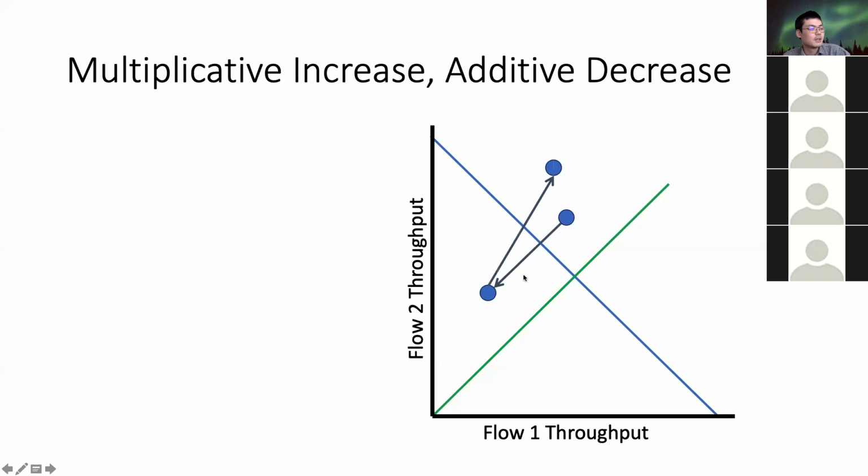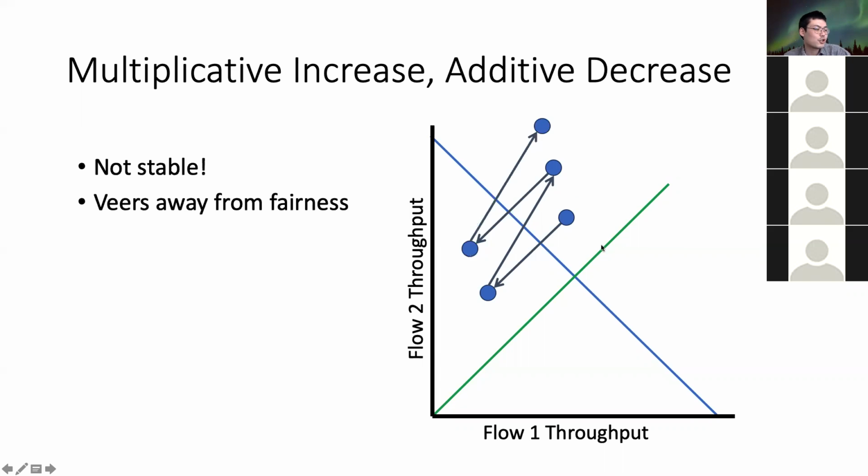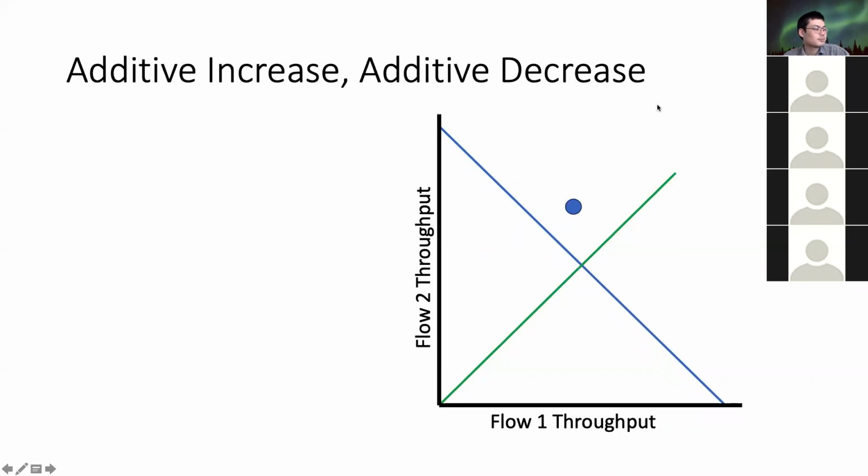It's like 3 times, like along each axis. Okay. And then you increase larger than 45 degrees. Right? And then you find the congestion happening after you jump into there. You linearly decrease along the 45 degrees. And you keep doing this, right? So you can see that it's pushing away from the green line, which is the fair. Okay, so this is not good, not stable. So we cannot use this scheme.